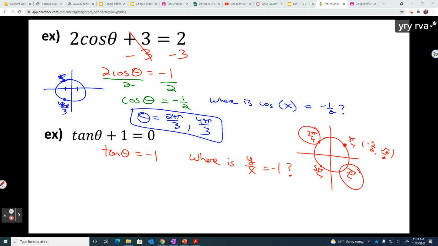Good, these 2. Because these 2 both have a negative and a positive. So here it's a negative x, positive y. Here they're both positive, right? Here they're both negative, so you do a negative over negative and then a positive. It's not a positive negative. So these two, the second and fourth quadrants. So theta then would be 3 pi over 4 and 7 pi over 4.